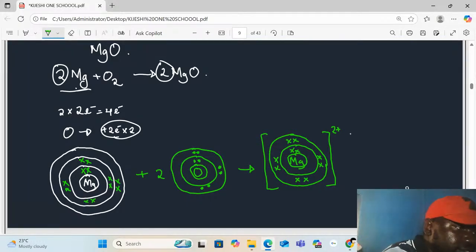Then we have the oxygens, the oxide now that will be formed will receive 2 each. So oxygen is here still with 2 energy levels.